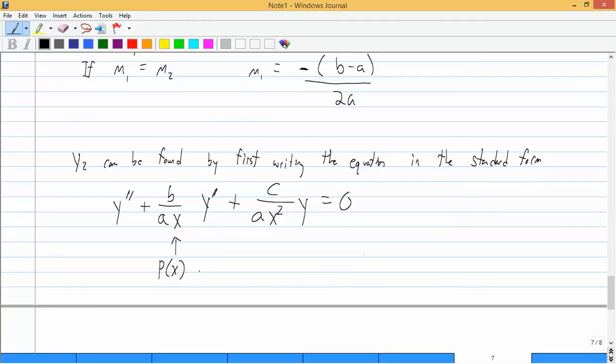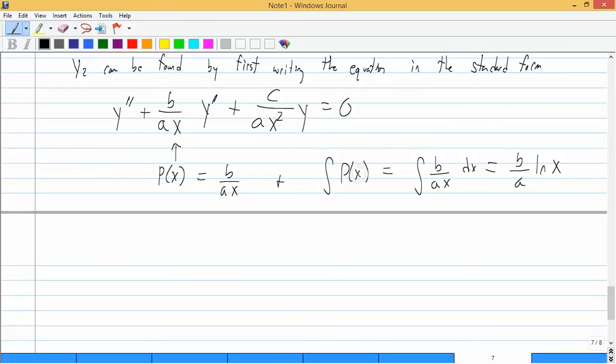So p of x equals b over ax. And the integral of p of x would then be equal to the integral of b over ax, which, if a and b are constants, is just a natural log integral because we're integrating 1 over x. So that would be b over a times the natural log of x.